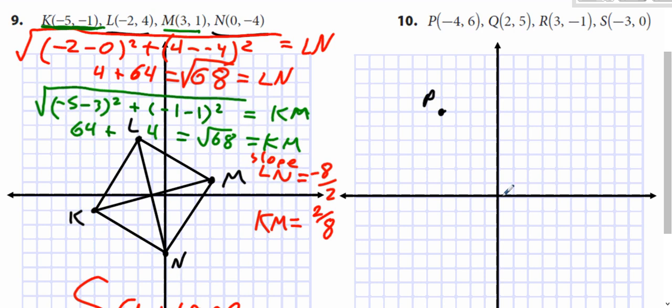That's P. There's Q. R, and S is negative 3, 0. So does not look like that's a rectangle.